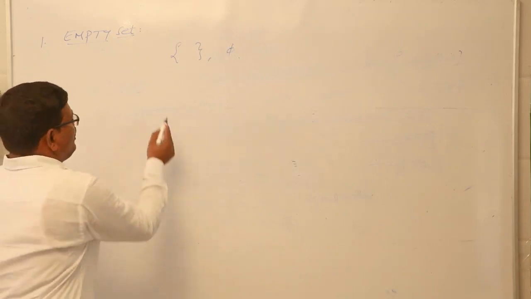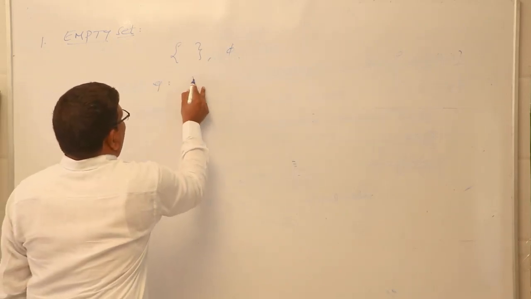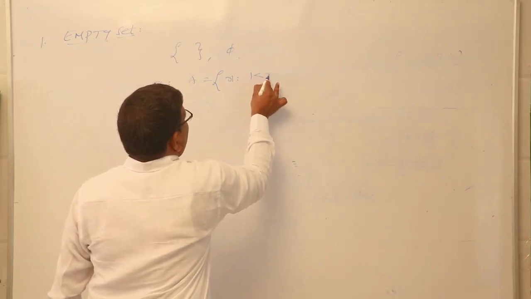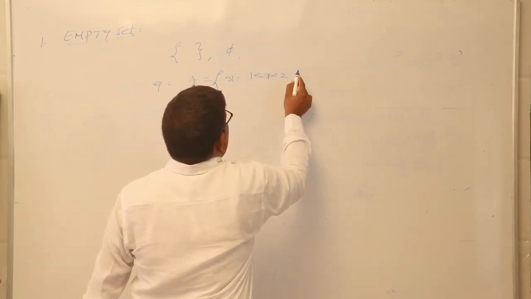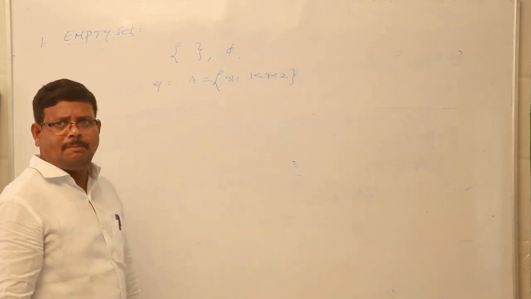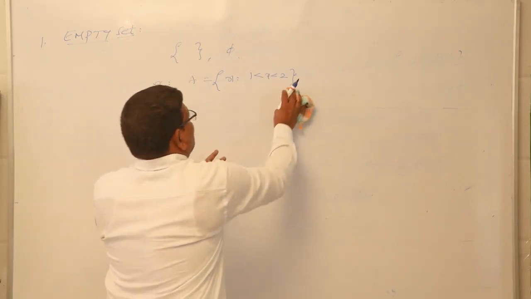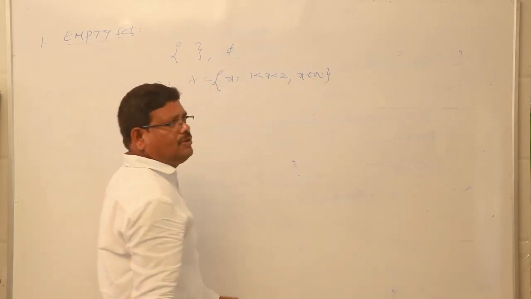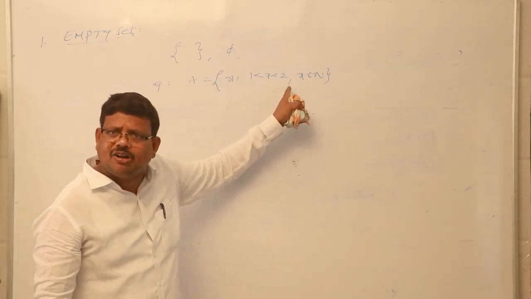For example, if A equals x such that 1 is less than x is less than 2, and here x belongs to natural numbers, is it an empty set or not?